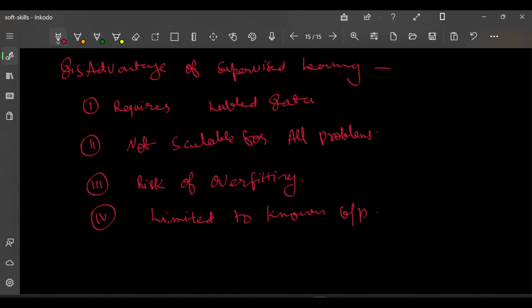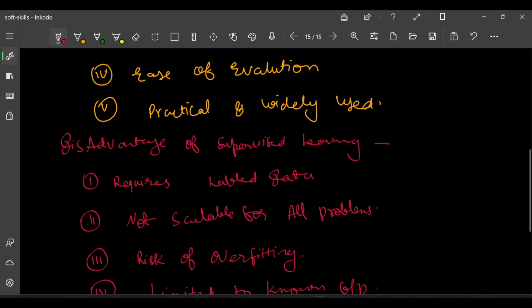Supervised machine learning can only predict outcomes it has been trained on. It can't discover new categories or patterns. The fifth disadvantage is bias in data. If a labeled dataset contains bias, for example biased hiring data, the model will learn and reproduce the bias. So this is all about the advantages and disadvantages of supervised learning.